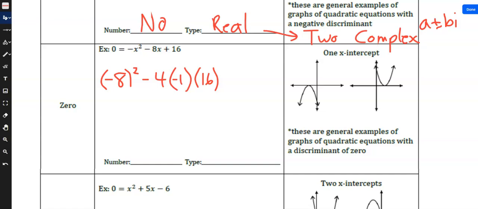Wait a second. What did I do wrong? Okay, I think I see a problem. That's supposed to be a plus sign. Yep. So that would be a plus sign.